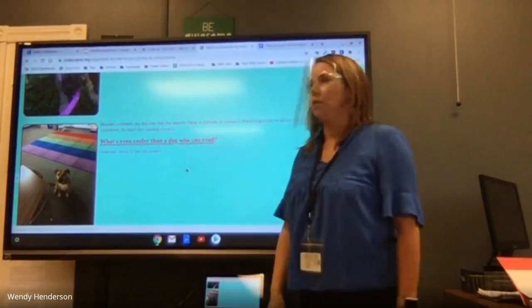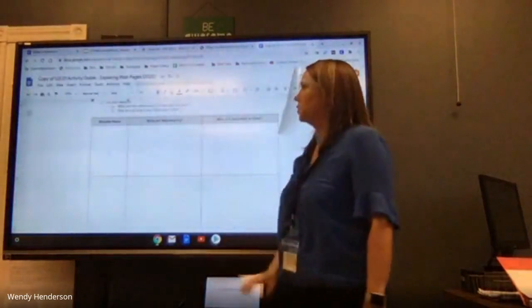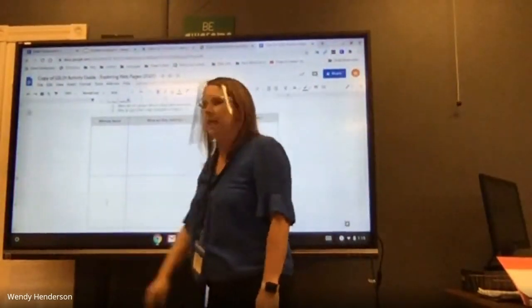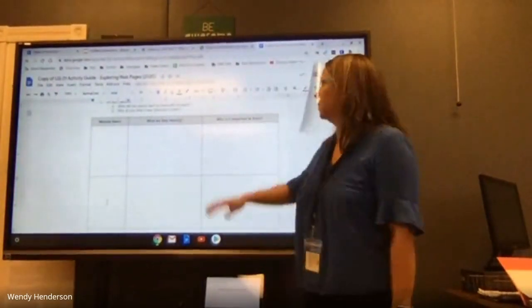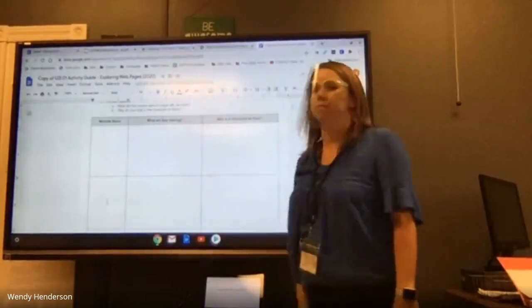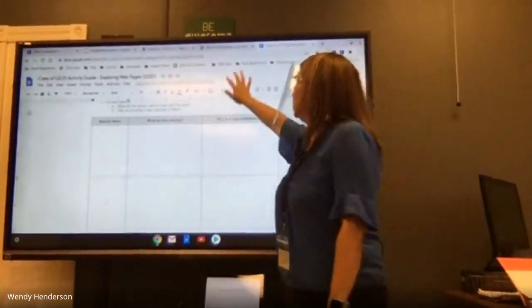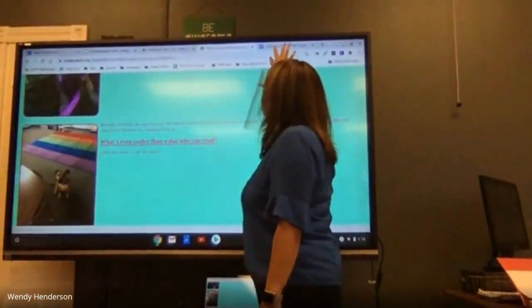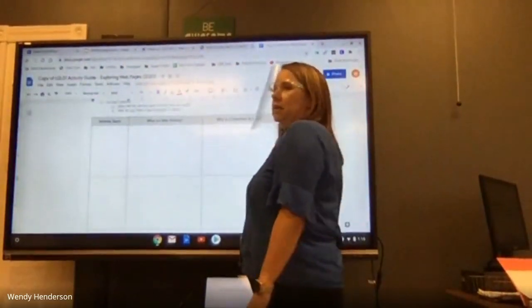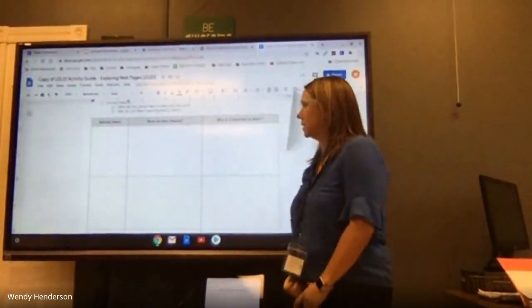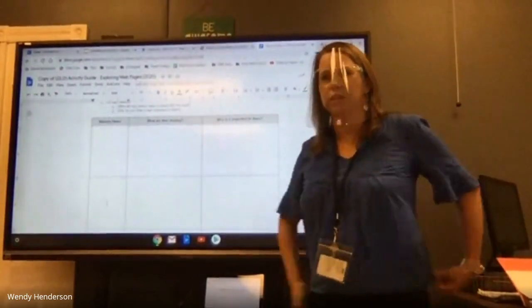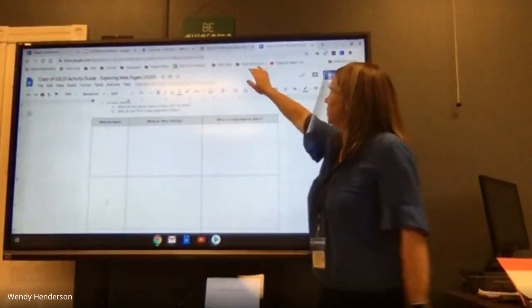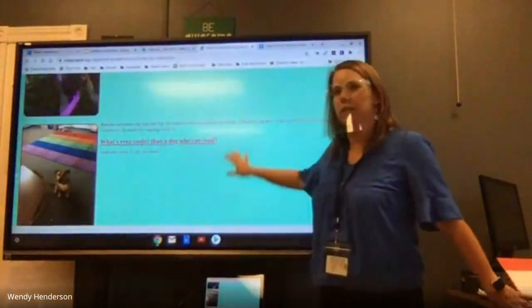Okay, so let's go back to our activity guide for this website. For website name, what are you going to put? The cutest dog. Okay. And then under what are they sharing? Besides the cutest dog, what?